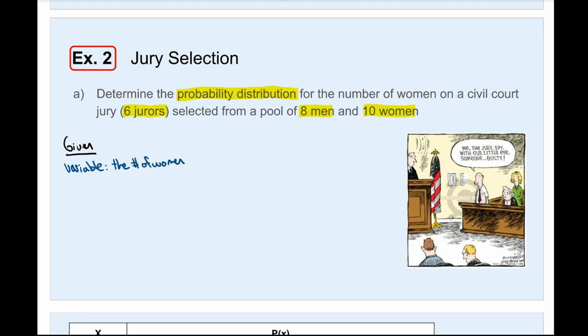So our random variable is going to be the number of women on the jury. So for our a value, the total number of successful outcomes, in this case, it's going to be 10. So 10 is the total number of women that could be on the jury.